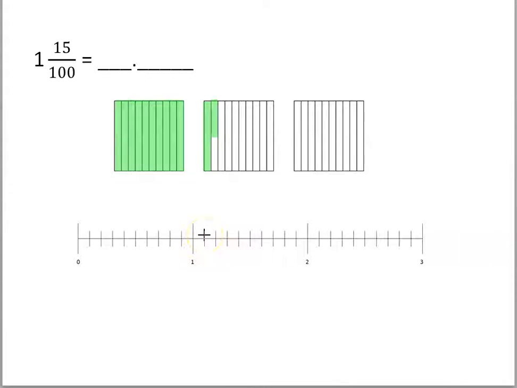Well, here's 10, here's 20, that's too much, so I'm going to need, right in the middle, 15. So there would be my point for 1 and 15 hundredths. Now let's try another example.